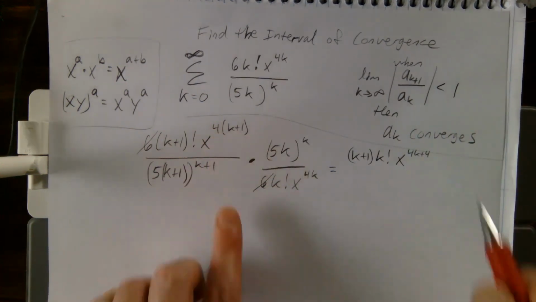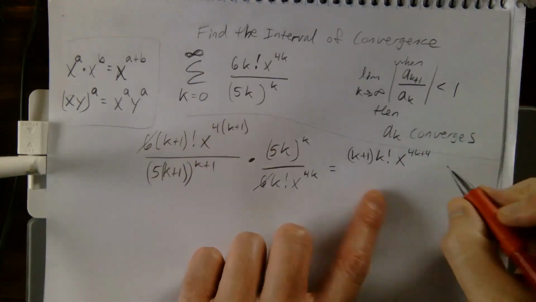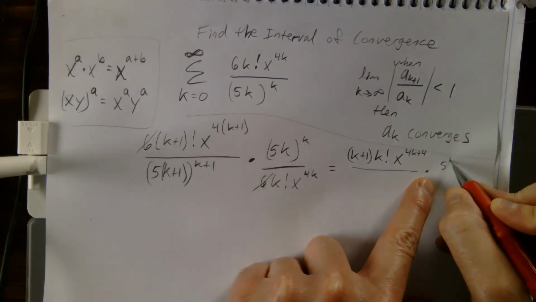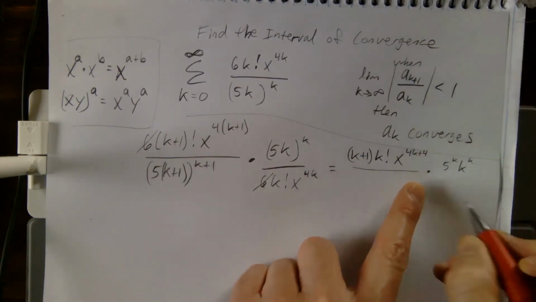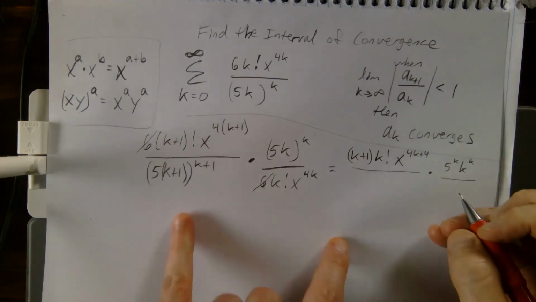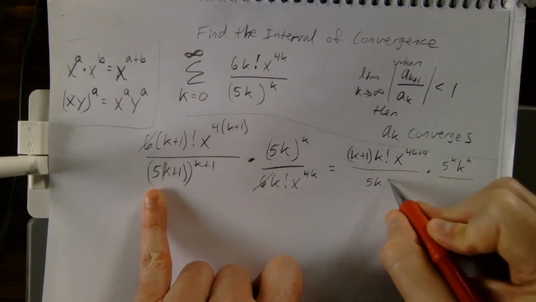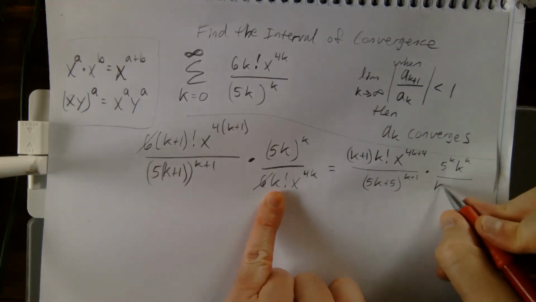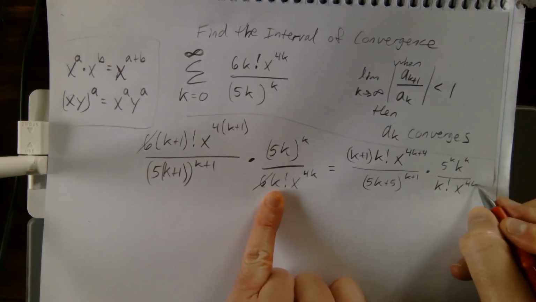Actually, we could have split that up. Do that in the next step. Times 5 to the k, k to the k. And then we have 5k plus 5 to the k plus 1, k factorial.